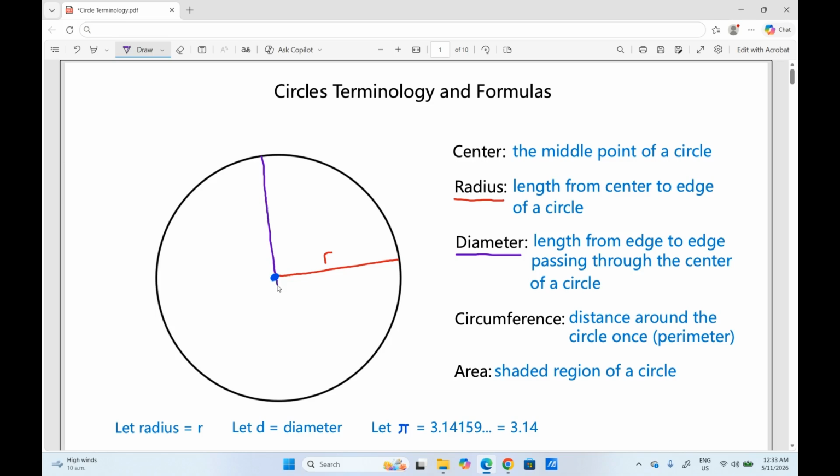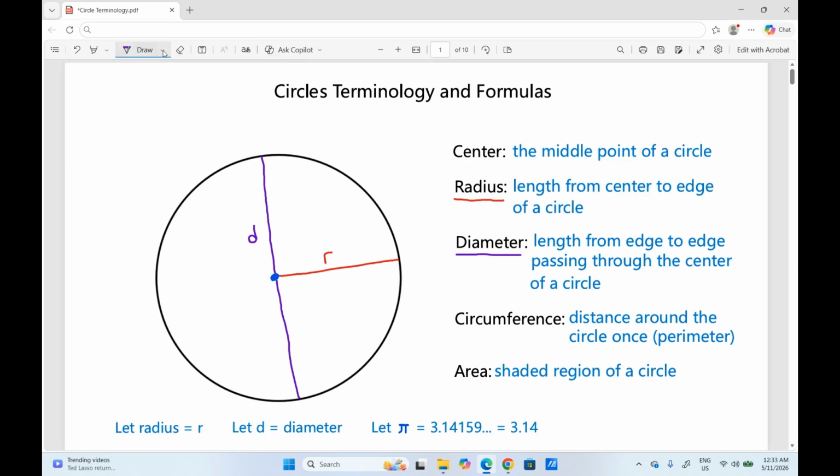But if I draw another line that also goes from my center of the circle to the edge, that's also my radius. But look at these two purple lines that I just drew. They go from the edge of the circle to the other edge of the circle, and they pass through the center. So in theory, diameter is just radius times 2. And we let d be the symbol for diameter.